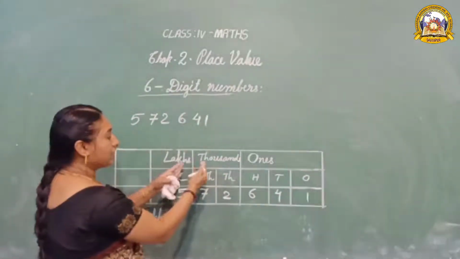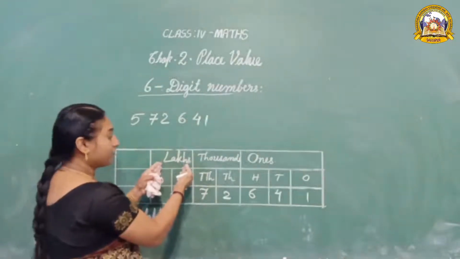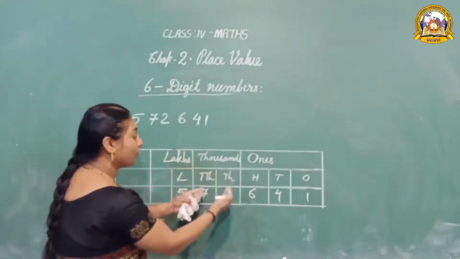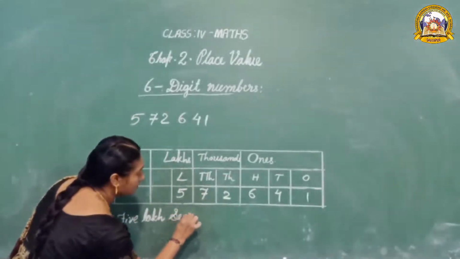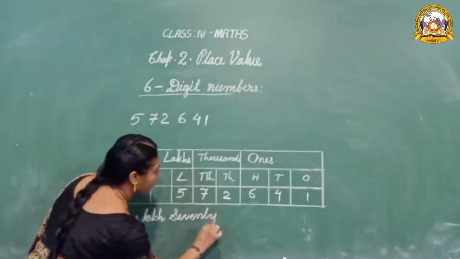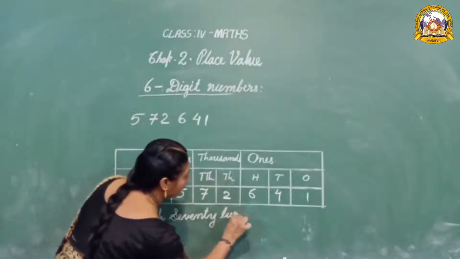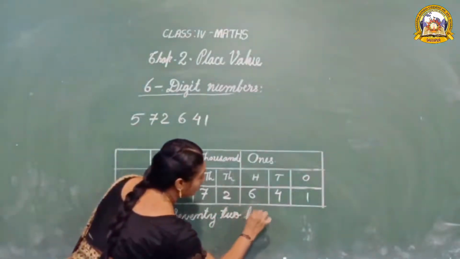How many thousands are there? It is already the lakhs period. Next, thousands period. How many thousands? 72 thousand.